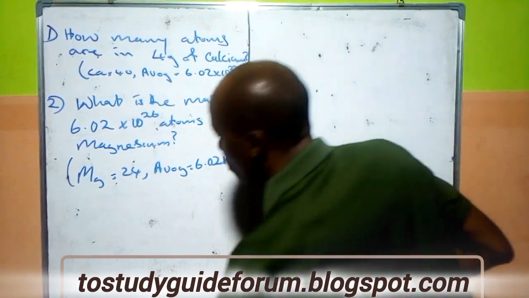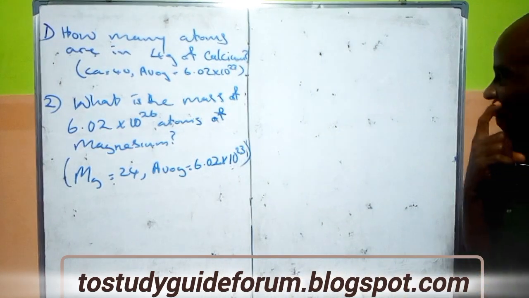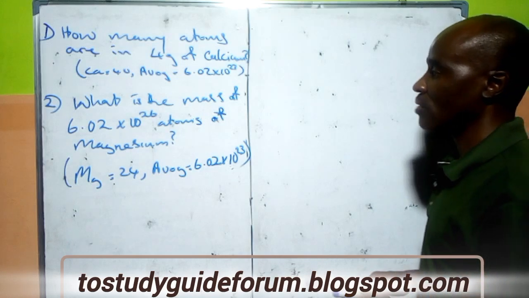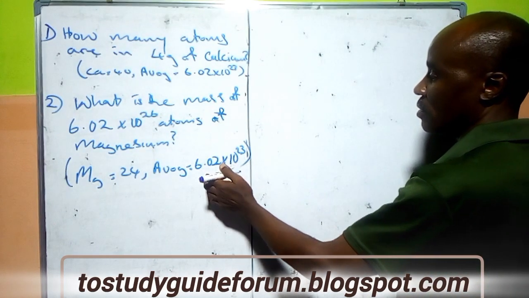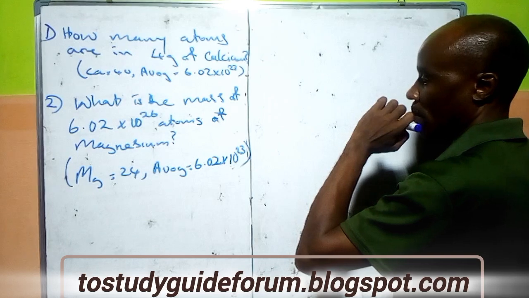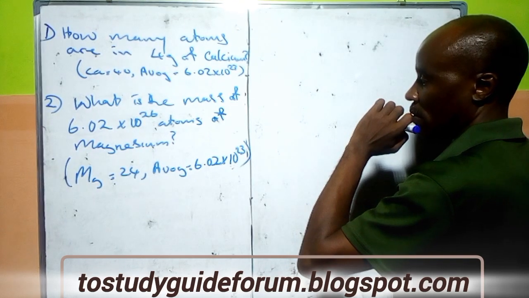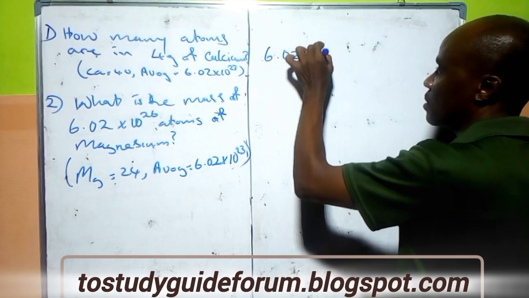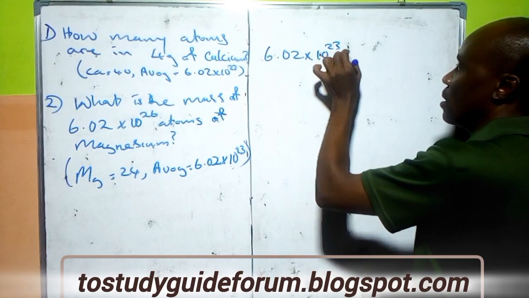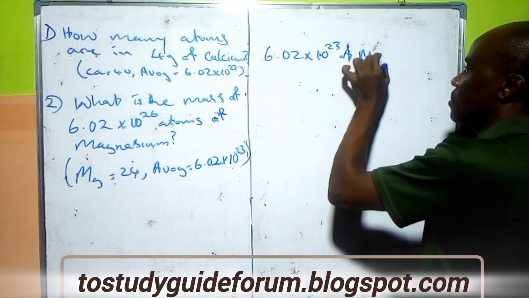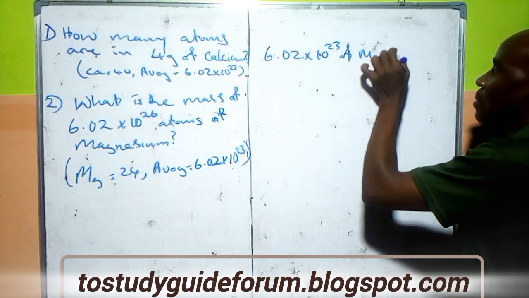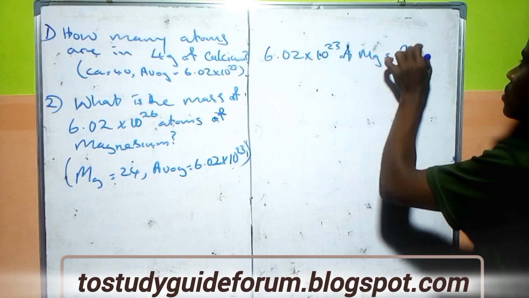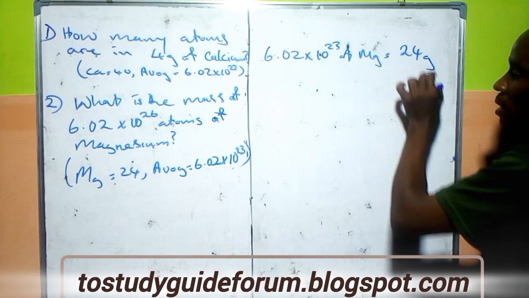We know that we're looking for the mass now, and for this very atom, we have 6.02 times 10 raised to the power 23 atoms of magnesium has 24 grams.